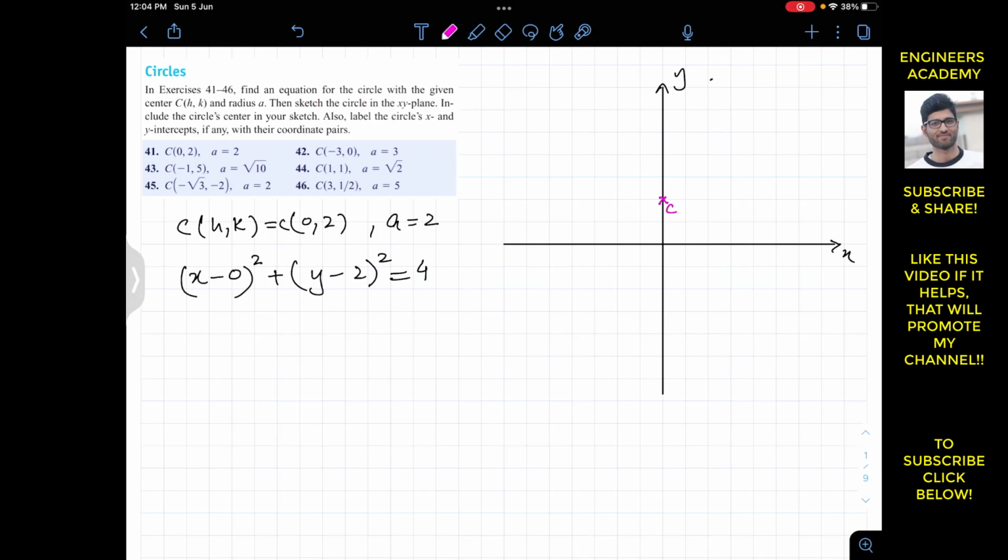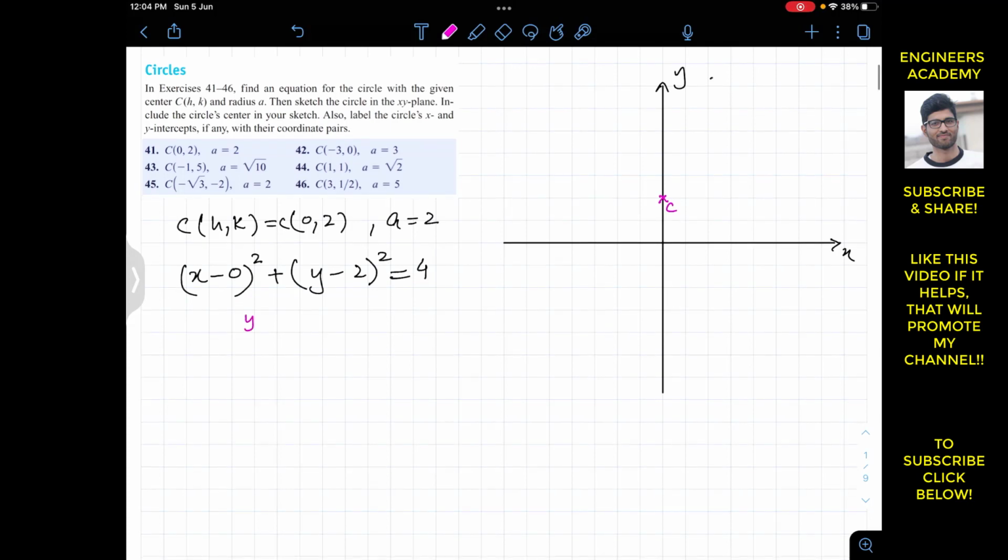And it is also said to label the x and y intercepts. At the x-intercept the y coordinate is 0. So if we put y equals 0 in this equation, we will get the x-intercept. For y equals 0, we will have x minus 0 whole square, and y minus 0, this will be 0 minus 2 square, equal to 4.